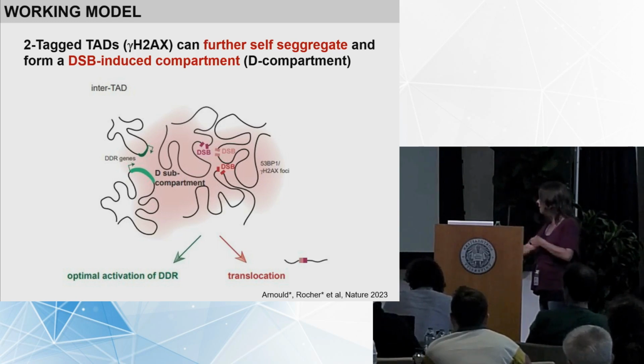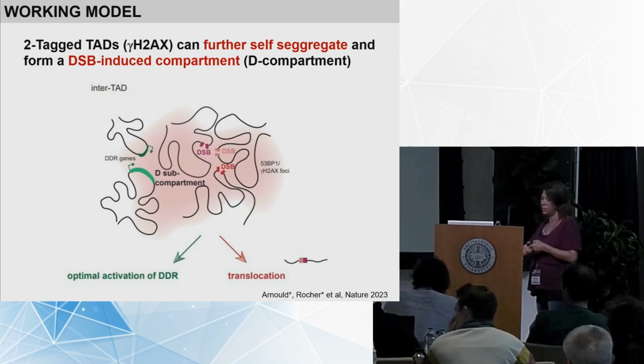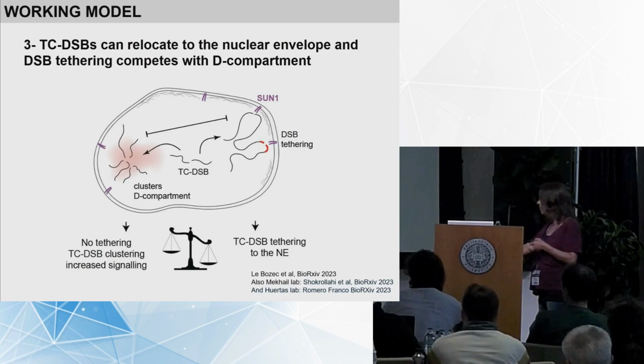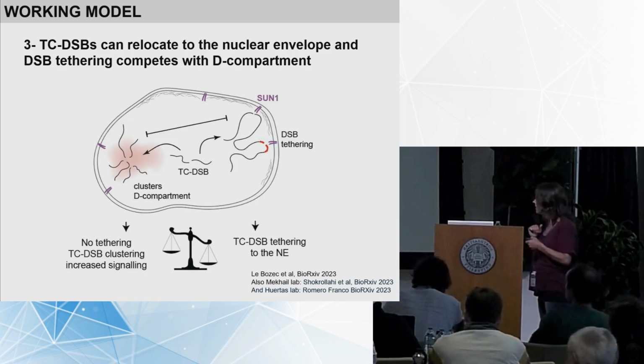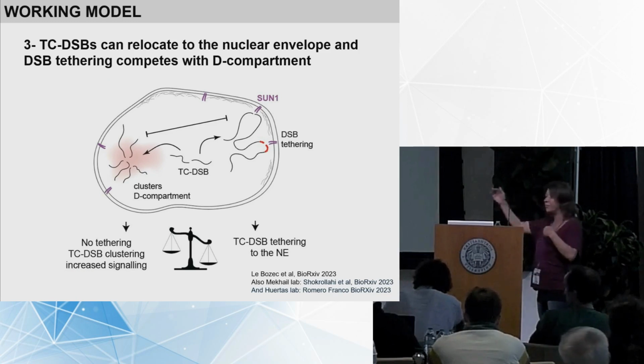So again, it has a function, it helps optimal activation, but it also comes with the risk of increasing translocation frequencies. And what we think is that it's very similar to heterochromatin because we think there is a kind of competition between the targeting of the DSB to the nuclear envelope and the fact that it clusters within a D compartment.